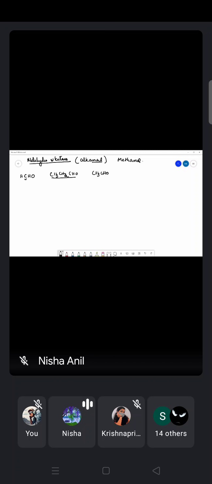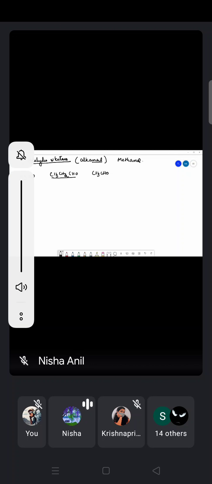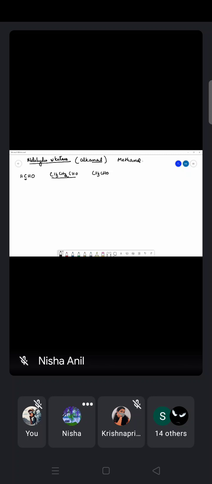So that chain is taken as the parent chain, and if there are any other substituents present, like a methyl or ethyl branch, we only give preference to the functional group. If a functional group is present, always give preference to the functional group, any functional group, whether it is alcohol, ketone or aldehyde, anything.